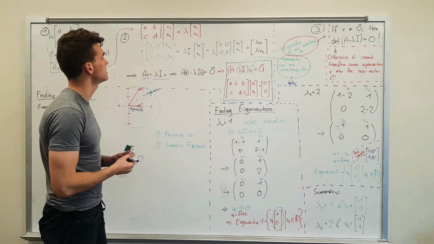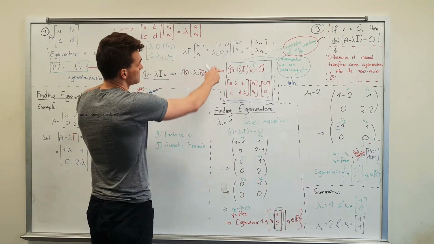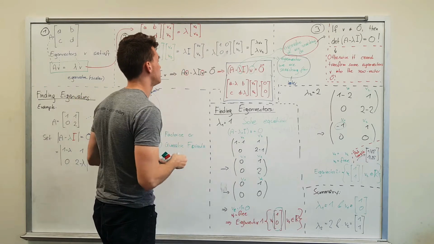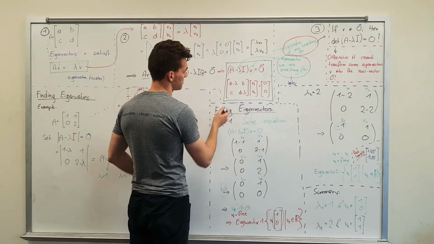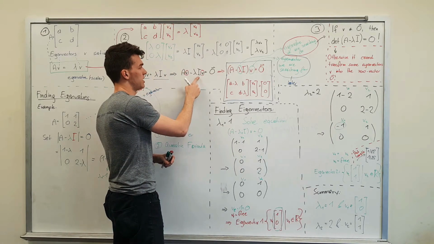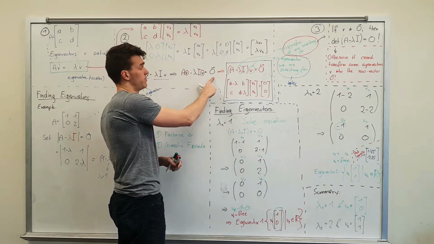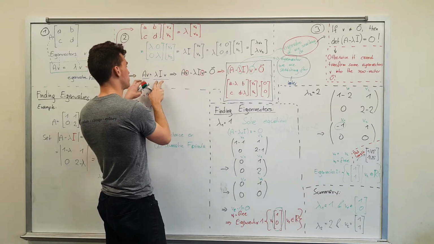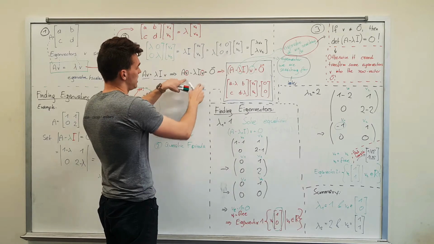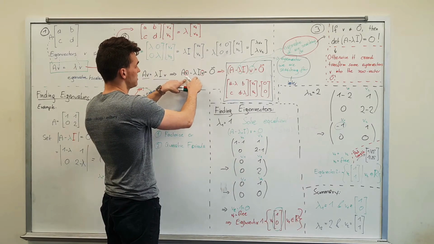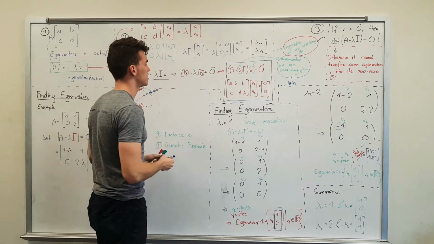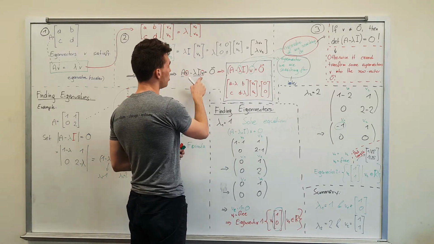because if we write it down like this, we can subtract this thing from this thing and get something that looks like this. So we have Av minus lambda Iv equals the zero vector, just by rearranging the terms. And now, because both are matrices of the same size, we can subtract them and pull v out.